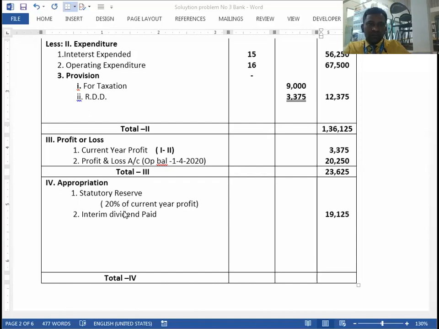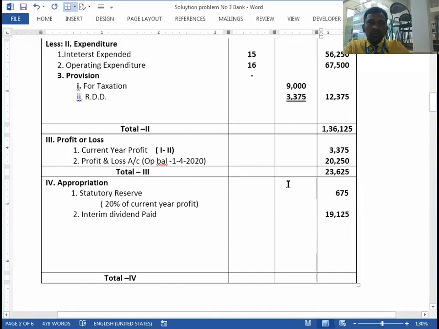Statutory reserve is 20% of current year profit. What is the current year profit? 3,375. 3,375 multiplied by 20% is 675. And interim dividend paid is rupees 19,125.